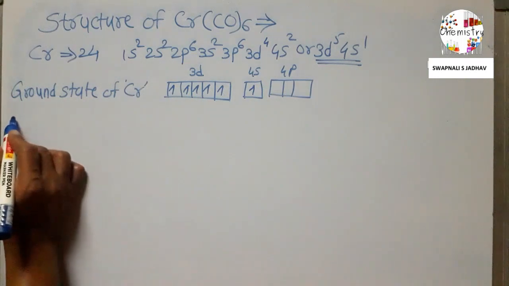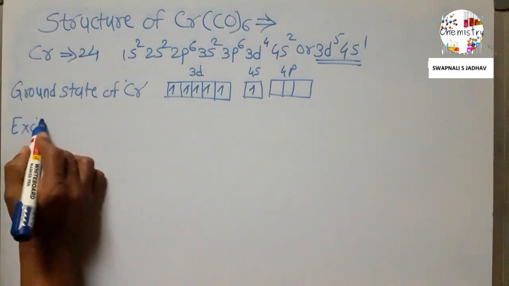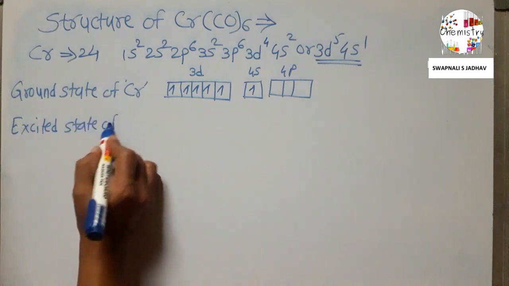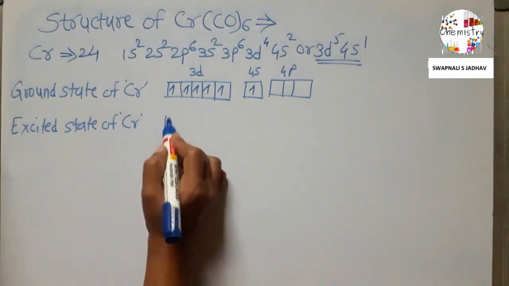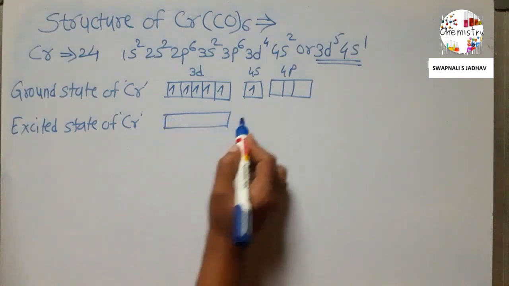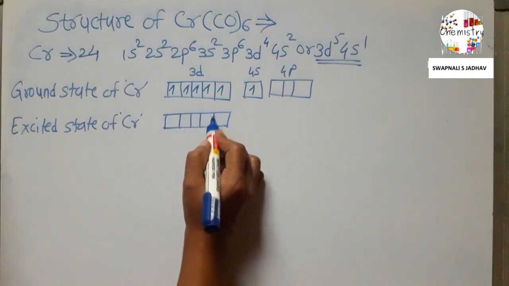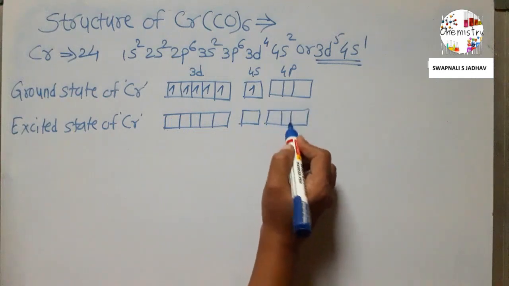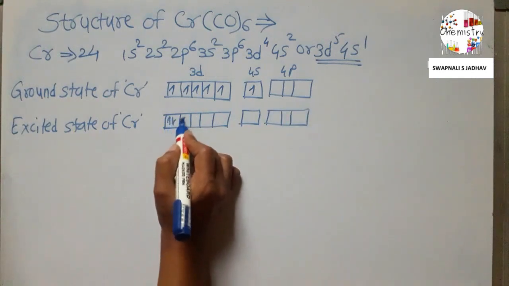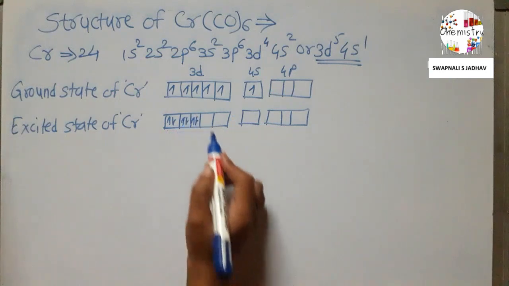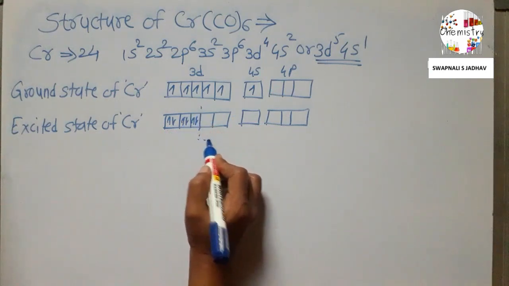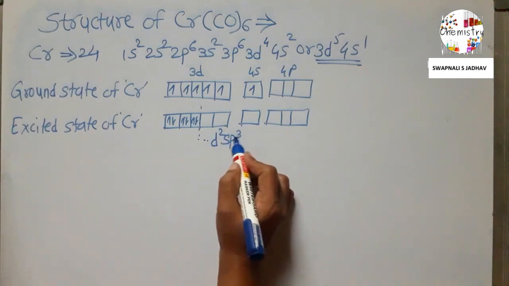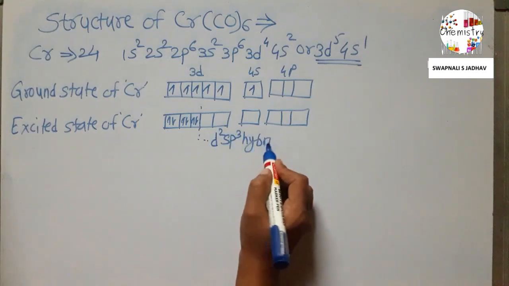So in the excited state what happens? Likewise Ni(CO)4 or Fe(CO)5, pairing takes place. So electrons get paired and two d orbitals remain empty. So 1 2 3 4 5 6, the two d orbitals remain empty and it undergoes which hybridization? d2sp3 hybridization.